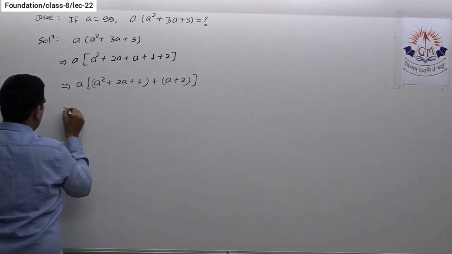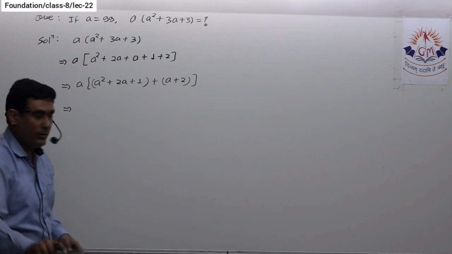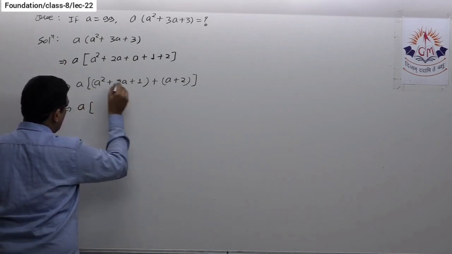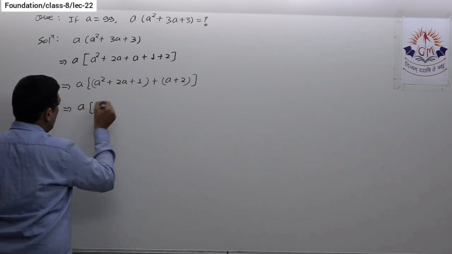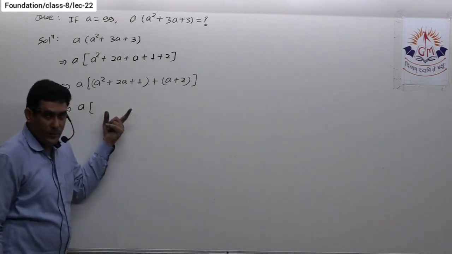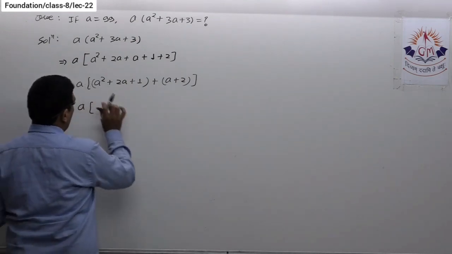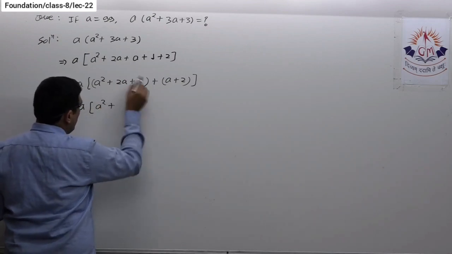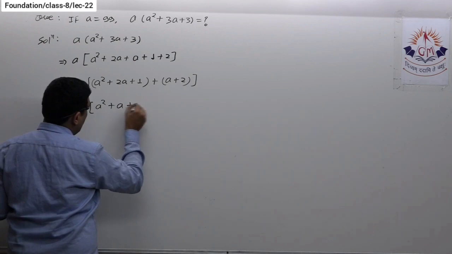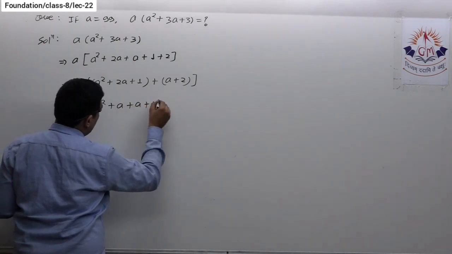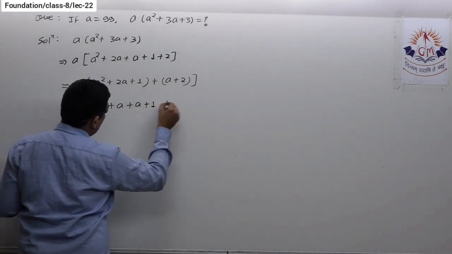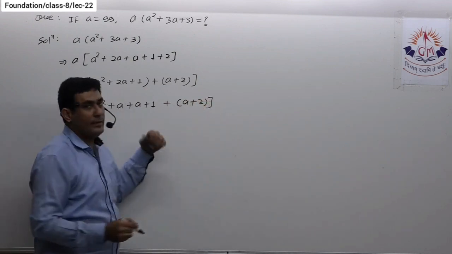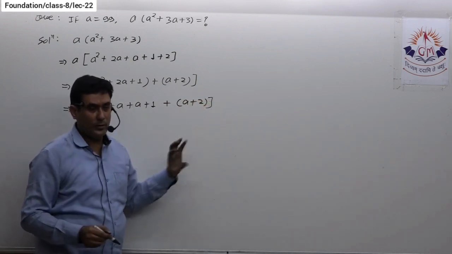Okay, so this is definitely going to save your time. Now over here, A square plus 2A plus 1. I know this is A plus 1 whole square, but to actually see how, I have to split the middle term, so I write A square plus A plus A plus 1, plus A plus 2. First I will simplify, then I will put the value of A all together.